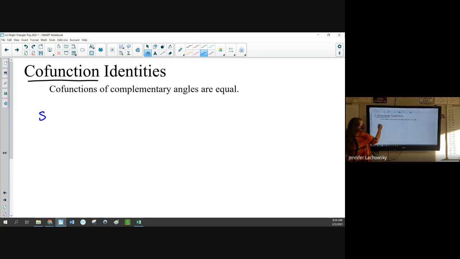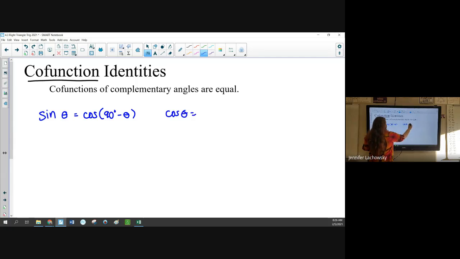What's a cofunction to sine? Cosine. Okay, so we can write sine of theta equals cosine of 90 degrees minus theta. What I've seen happen before is I write this one down, but students don't make use of the fact that cosine equals sine of 90 minus theta. You know what I mean? So I'm going to write the other one down. It's up to you whether you want to write that down on yours. If you think you're good, then you don't have to.